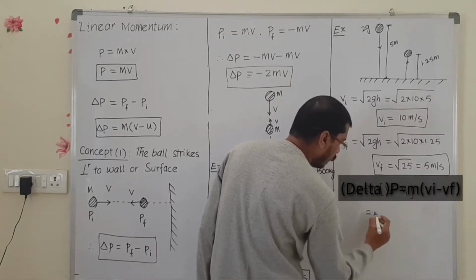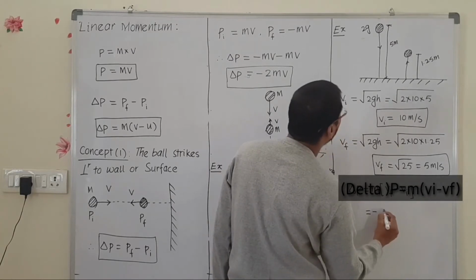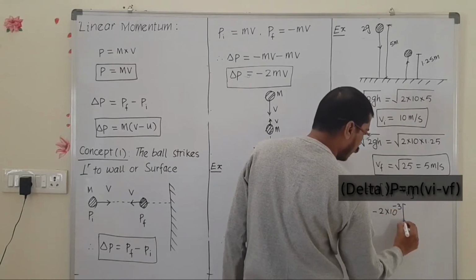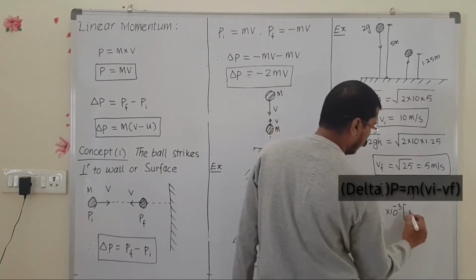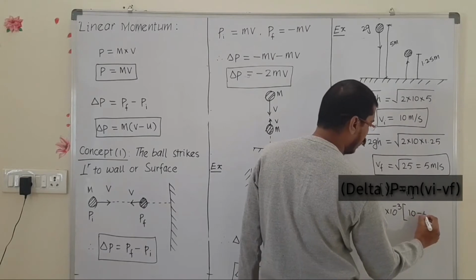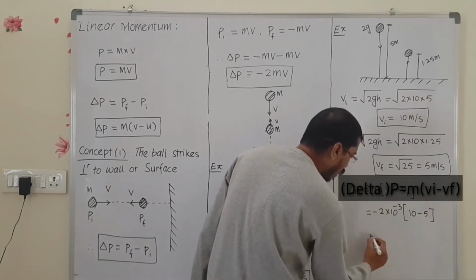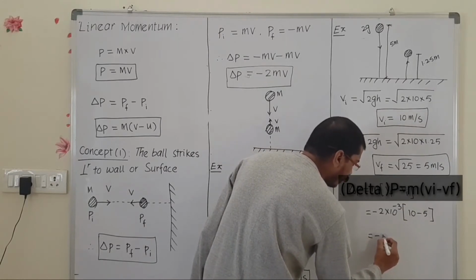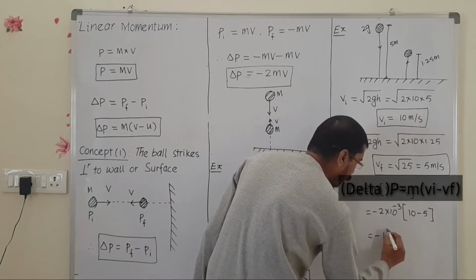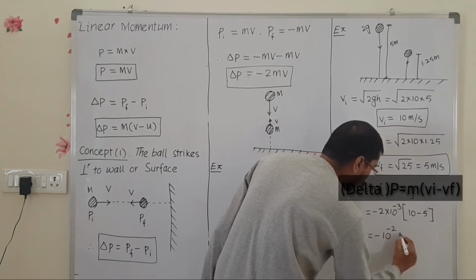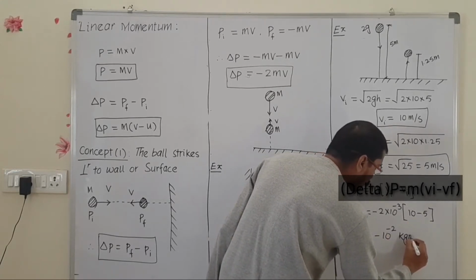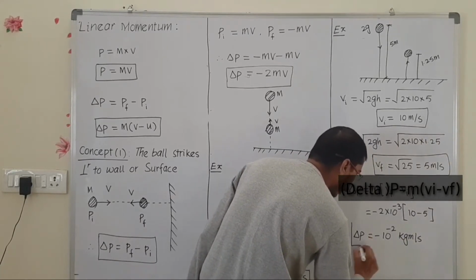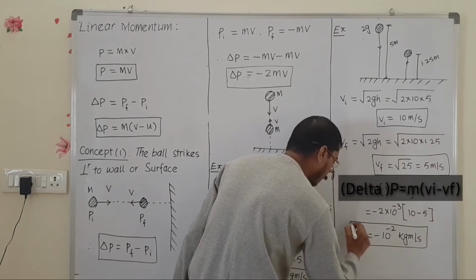Now m is 2 grams, 2 into 10 to the power of minus 3. Taking the final velocity as minus 5 and the initial velocity as 10, we can write minus 10 into 10 to the power of minus 2 kg meter per second. This is the change in momentum of the ball.